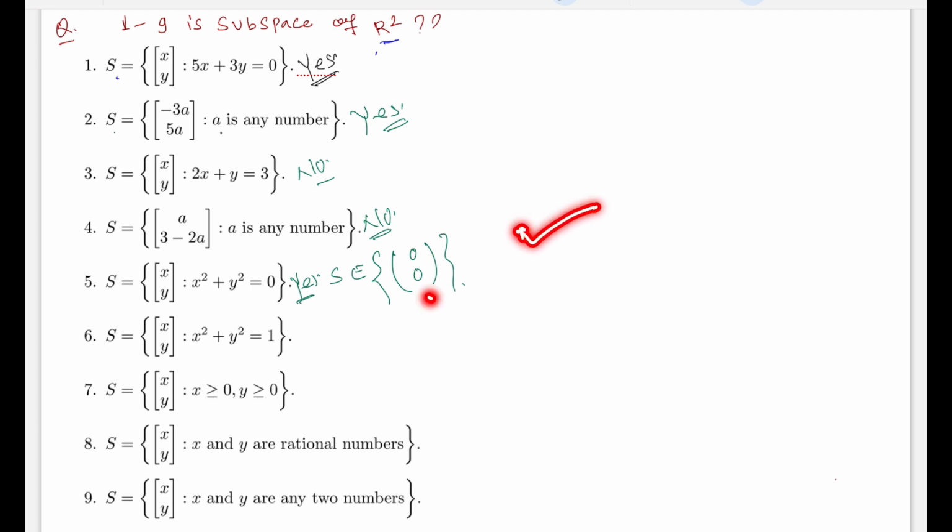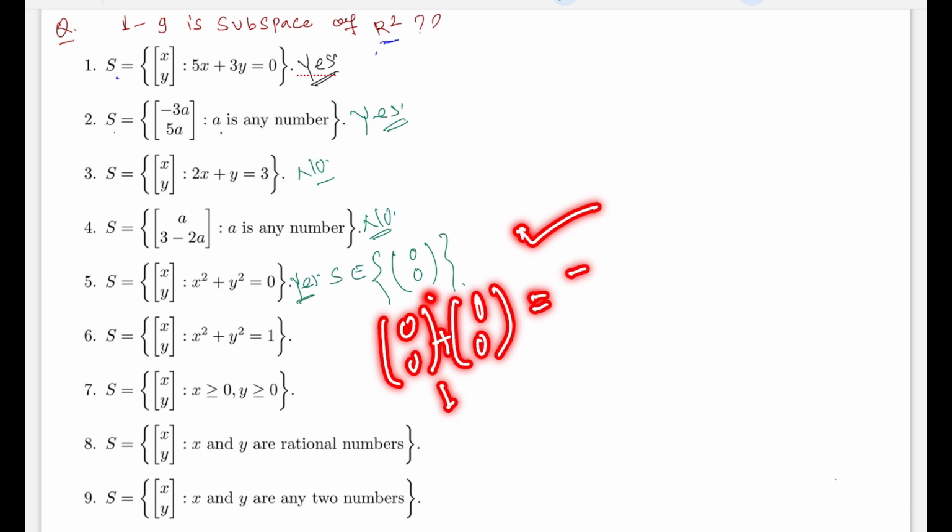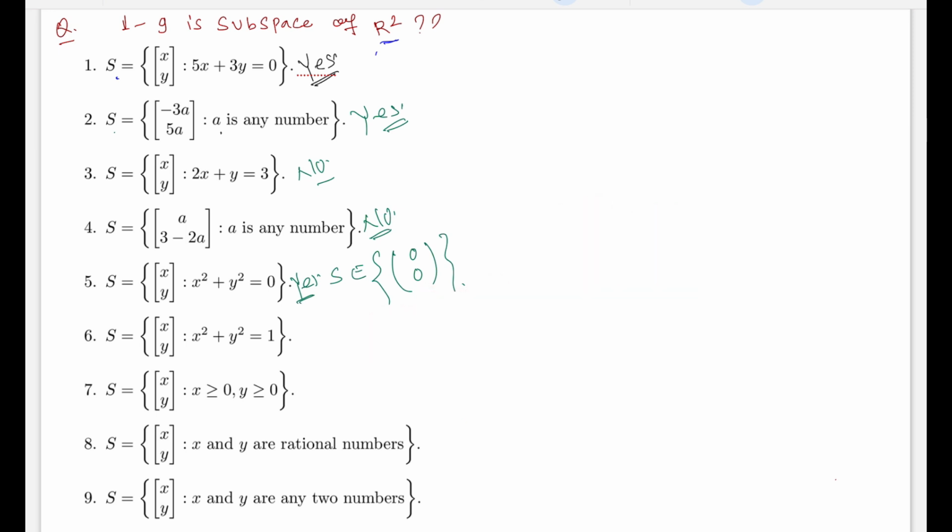If you take any two vectors, you can only take 0 0 and 0 0, and if you add these two vectors, you get 0 0. So it is closed under vector addition, and similarly also under scalar multiplication, right? So is this a subspace? Yes, this is a subspace.